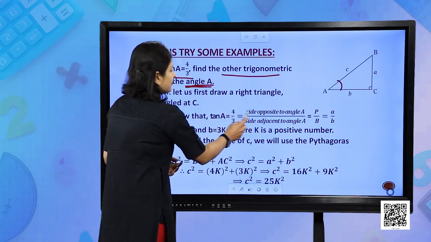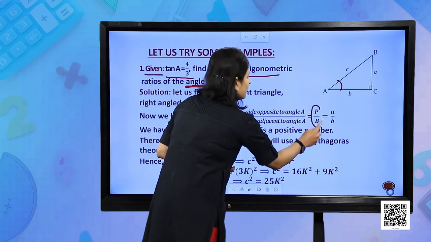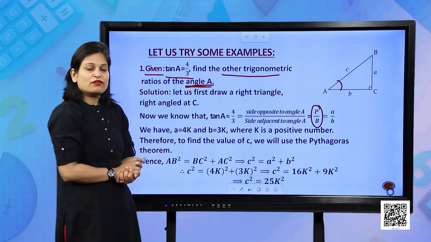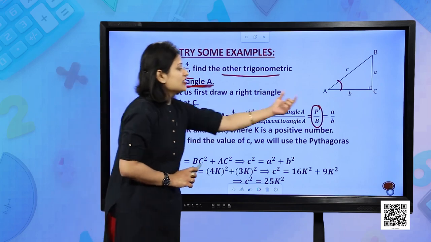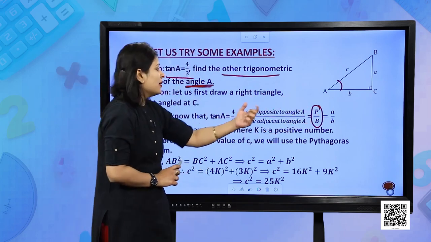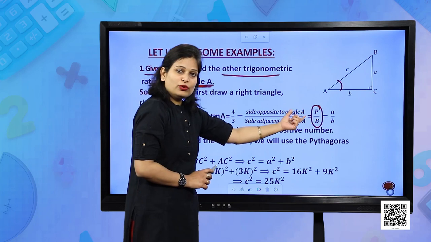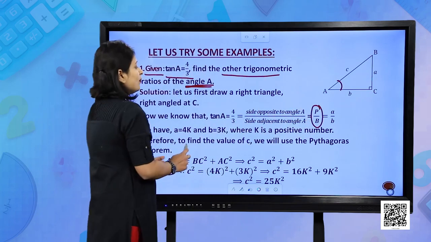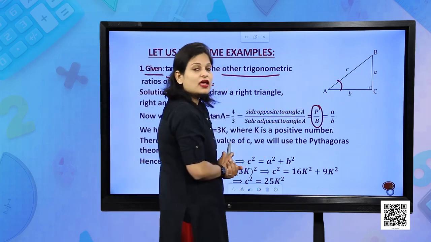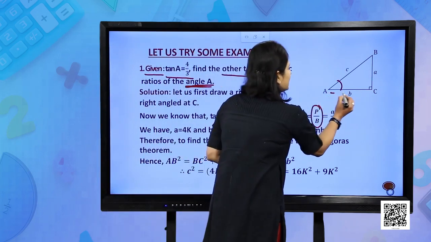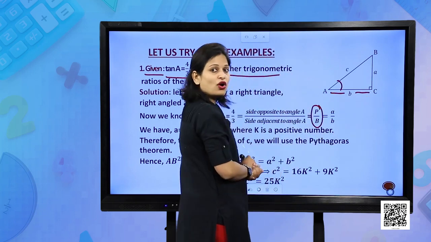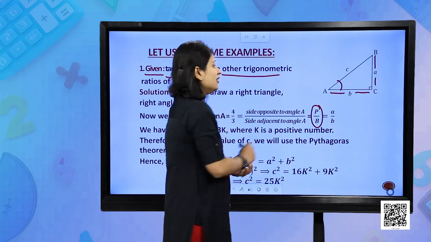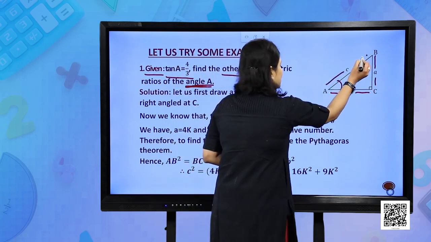Now 4 means, since it is perpendicular upon base, according to the definition of tangent function, tan A is perpendicular upon base. Perpendicular means side opposite to angle A, base means side adjacent to angle A. So I have considered the length of side AC as b, the length of side BC as a, and the length of side AB as c.